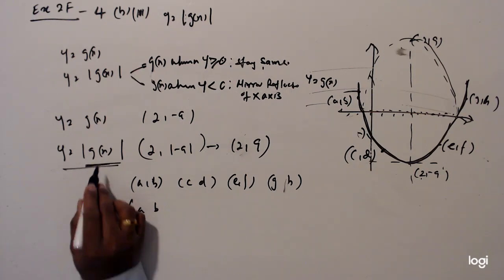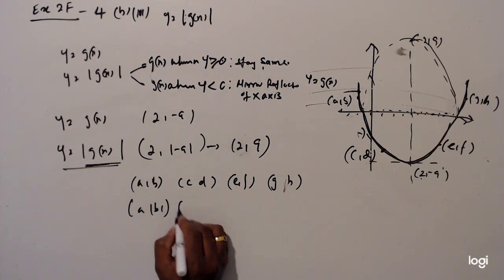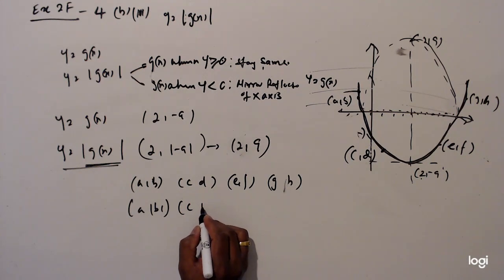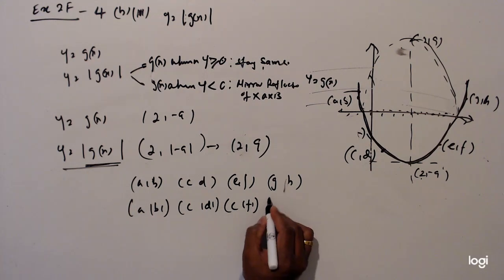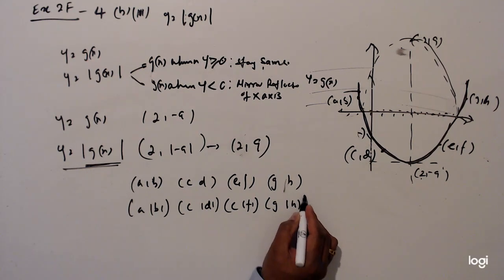Make all y's positive. That's the command: C |D|, E |F|, G |H|.